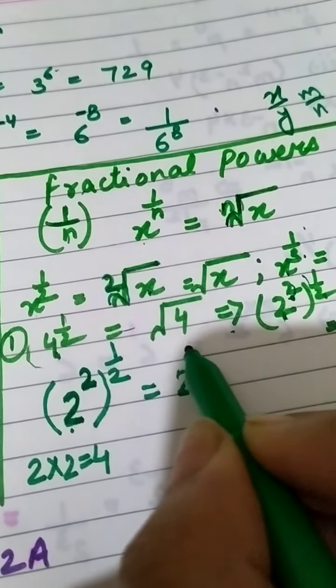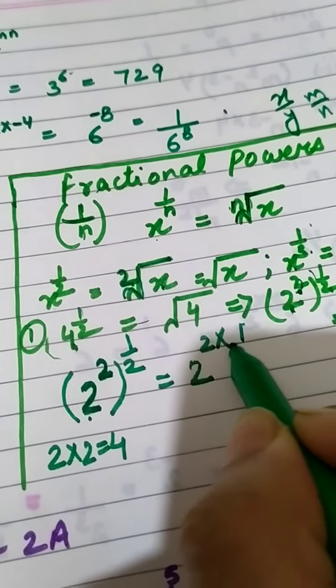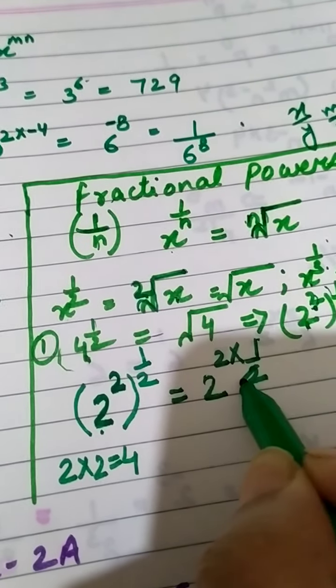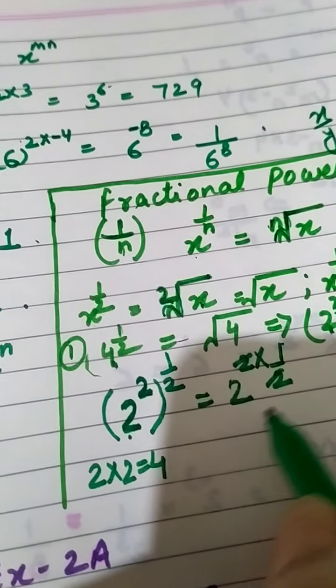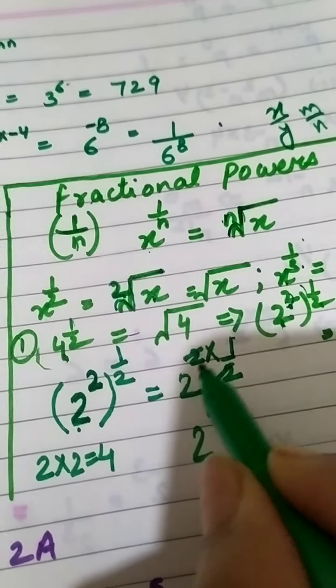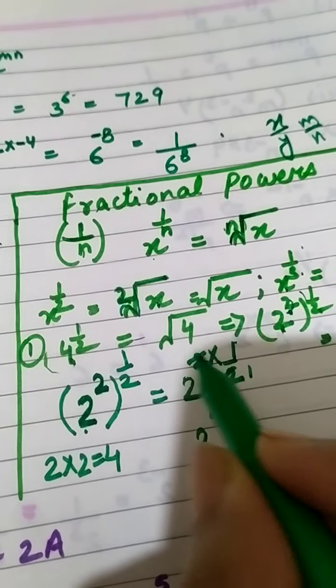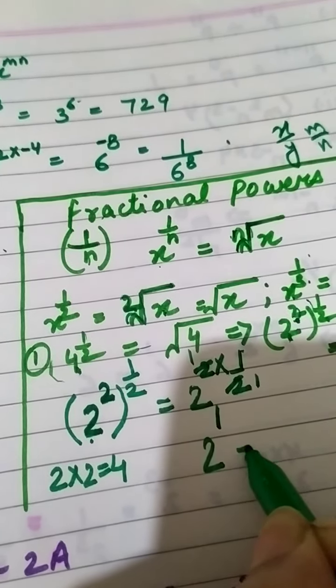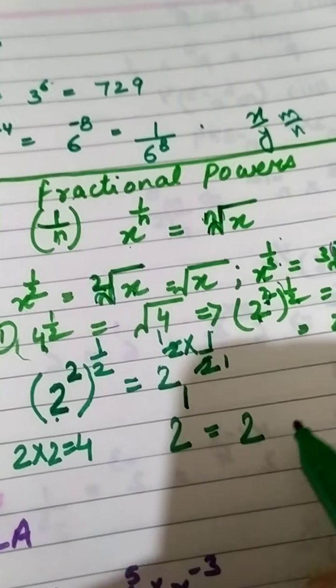Then 2 multiply 1 upon 2. Got it? This 2 will cancel from this 2, and what is left? 2 raised to the power 1 only, because 2 ones are 2 and 1 multiply 1, 1. Then 2 raised to the power 1 will be 2 only.